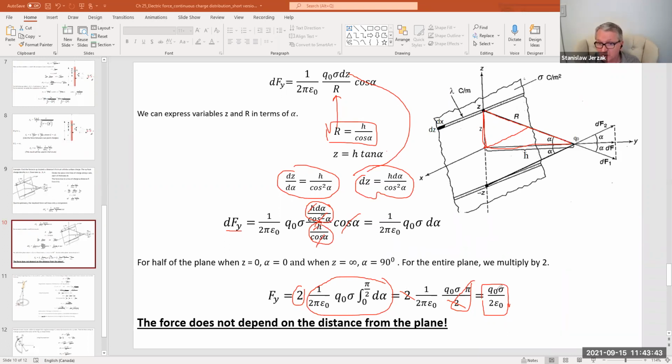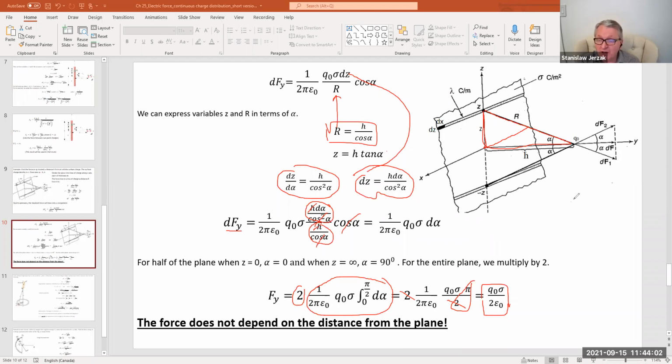There is no h in this expression, which means that whether I put q0 relatively close to that plane or far away from the plane, the force is the same. But remember, this is only true if the plane is infinitely large. And of course, in practice, nothing is infinitely large.